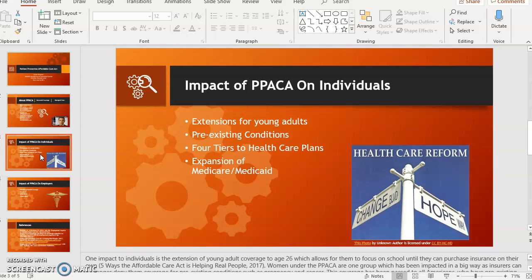PPACA brought about the 4 tiers of health coverage to start in 2014. The 4 tiers consist of bronze, silver, gold, and platinum. What this does is give Americans more options concerning their healthcare coverage, which can depend on their interests, their budget, and medical needs.